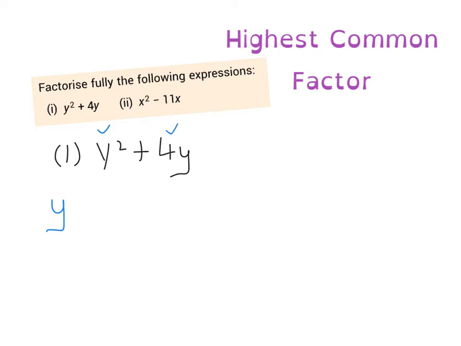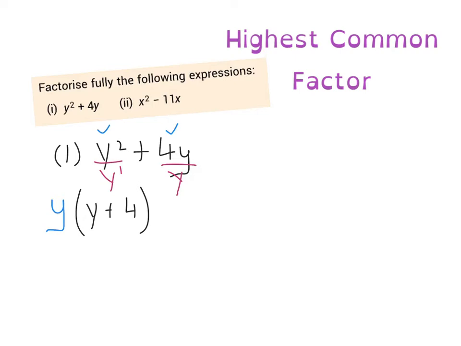And now we need to divide then by our factor, which we have found to be y. And if we remember the rule for dividing powers, we're left with y on the inside of the bracket plus 4. And we have now factorised this expression fully using highest common factor.